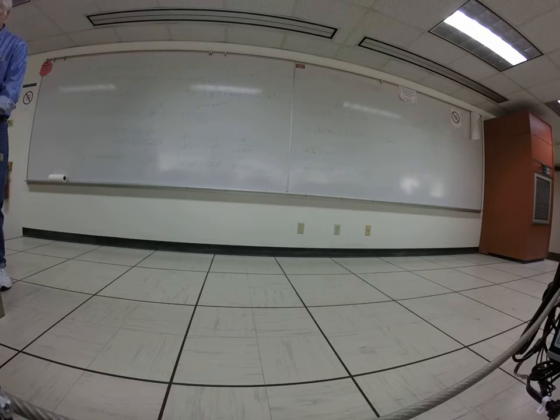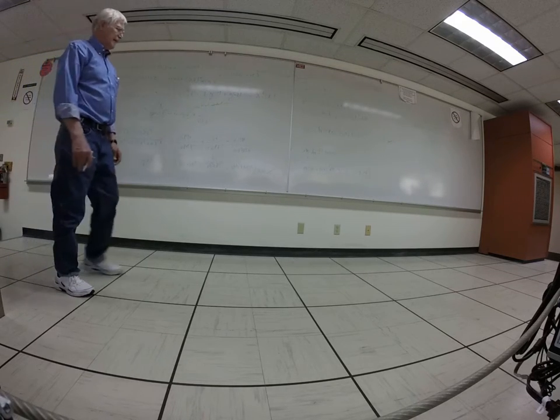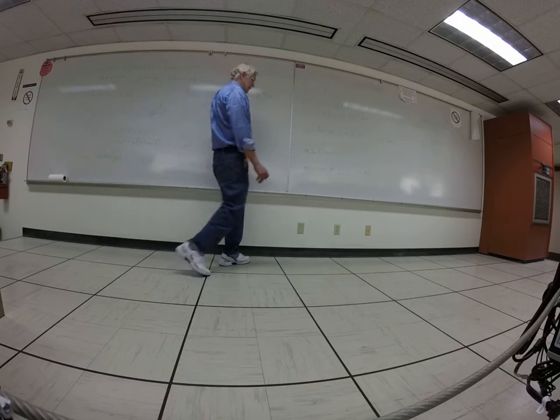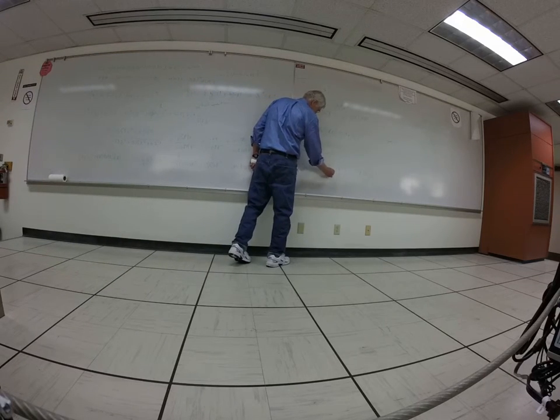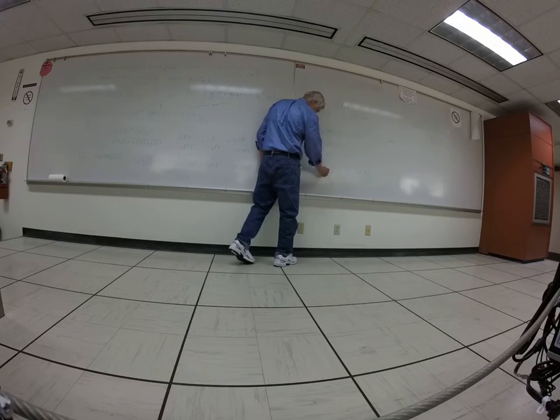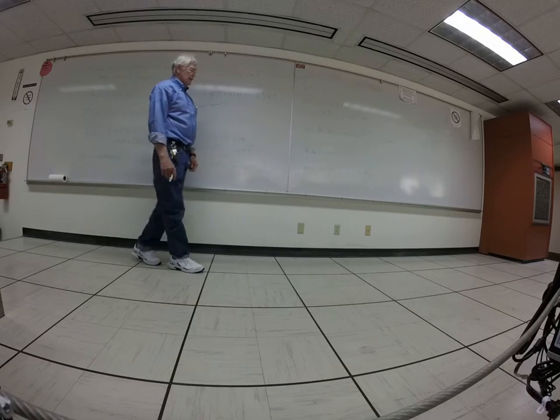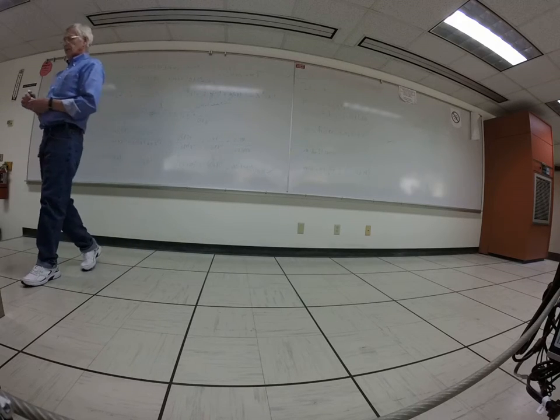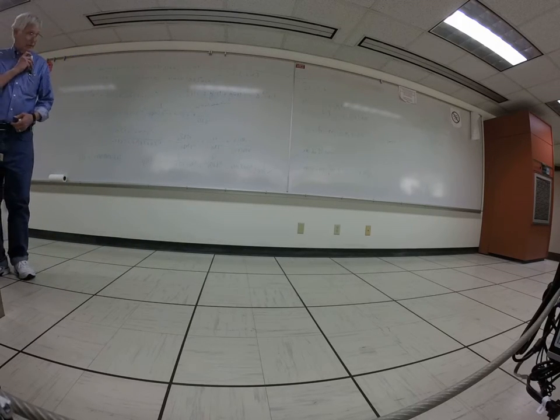Yeah, the error is the maximum value of the absolute value of the difference. It's like a double whammy here. This is the absolute value, and this is the max function. Y prime minus Y. Yeah, you want to take the difference of the two expressions.